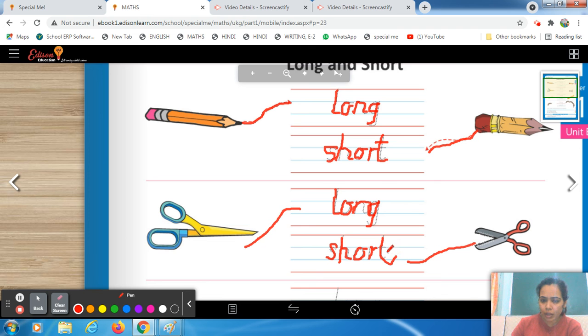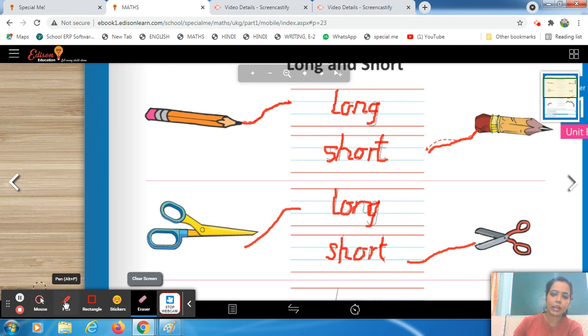S-H-O-R-T. Short. S-H-O-R-T. Short, right? That is the mistake in formation. So you just have to correct it. Okay? S-H-O-R-T. Short.